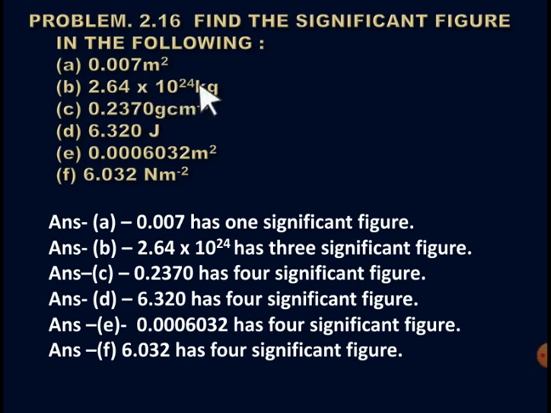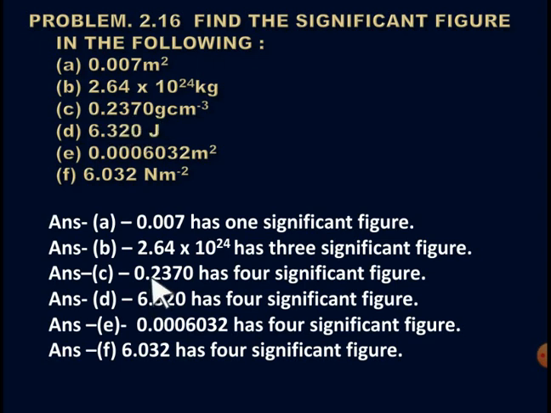In the scientific form, the 10 to the power 24 is insignificant, and 2.64 will have only three significant figures. It is also given here. The next one is 0.2370.